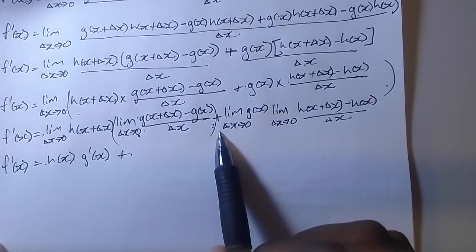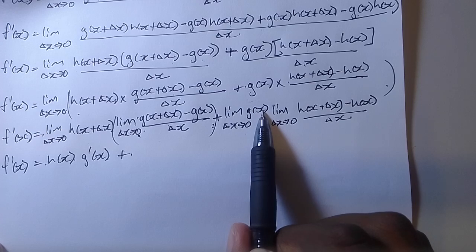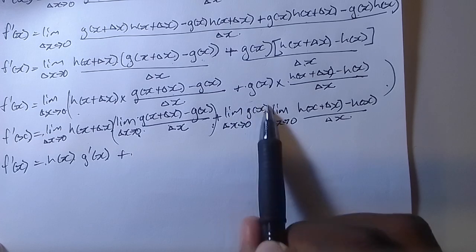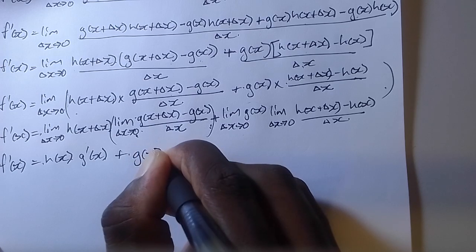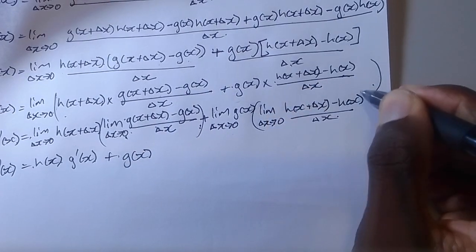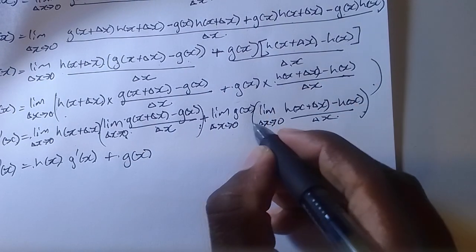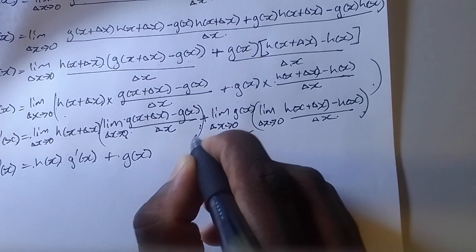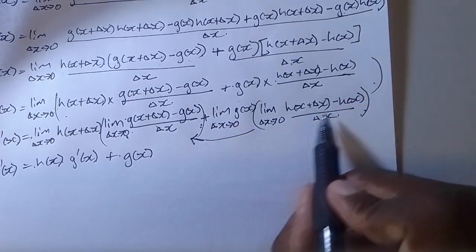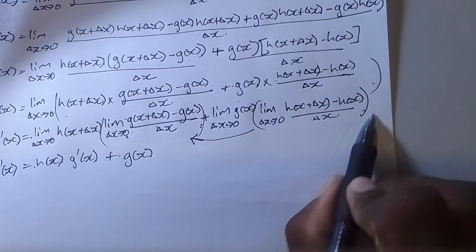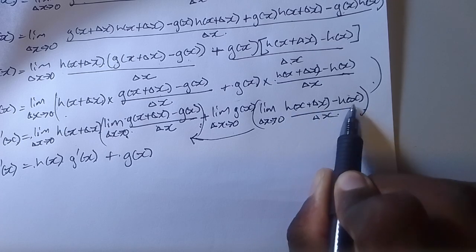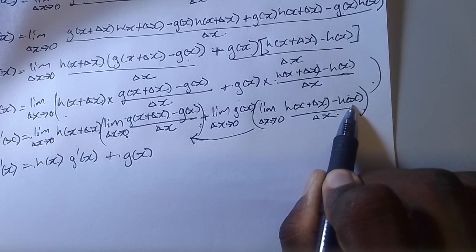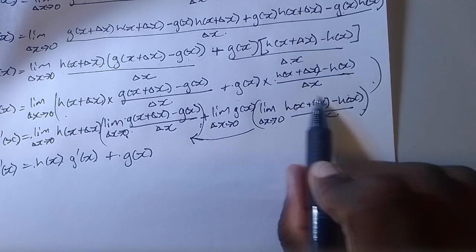So this is g prime x plus this. If delta x approaches 0, g of x is not affected because there's no delta x in here. So we still have g of x. And then this, the explanation is exactly the same as this one. This is h of x plus delta x minus h of x, which means this is the derivative of h of x.